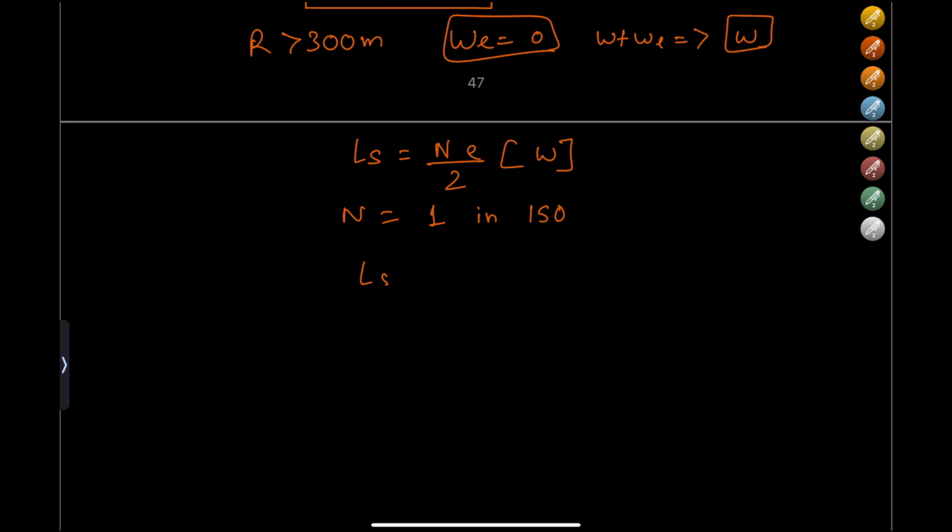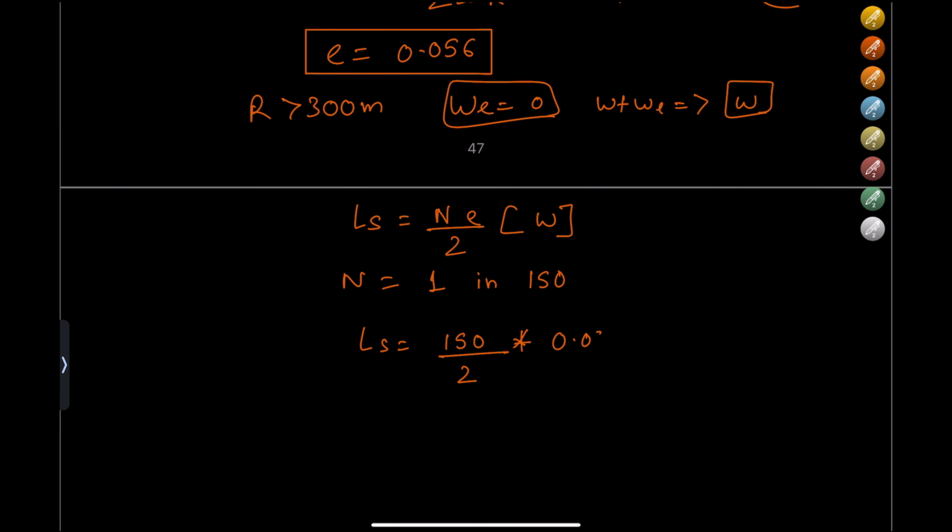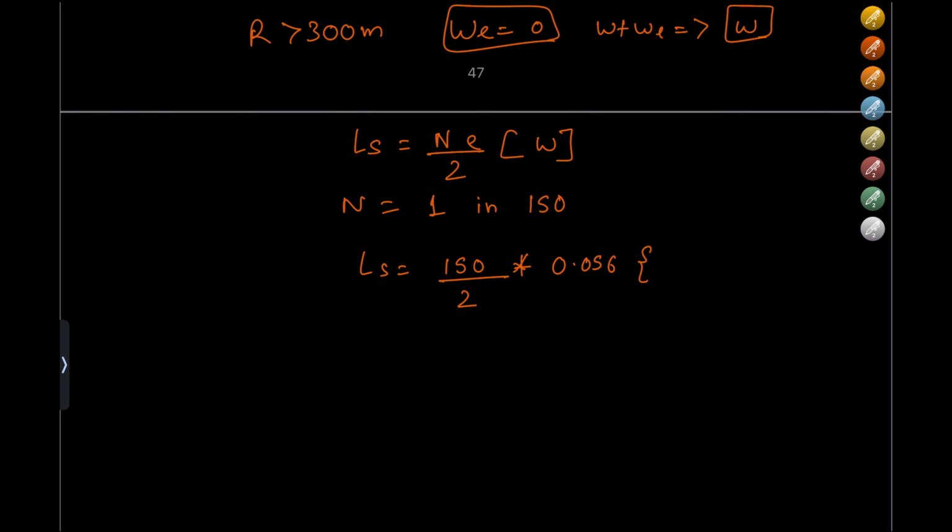So length of transition curve is equal to 1 upon 150 is equal to 150 upon 2 multiplied by 0.056, which is multiplied by W. The width of the road is 7 meters.